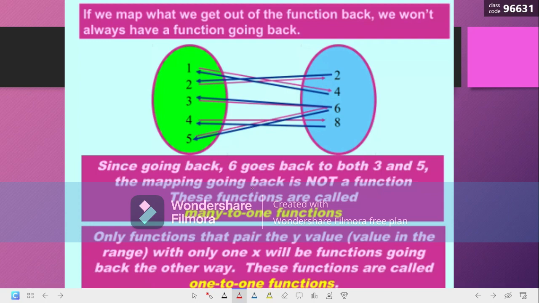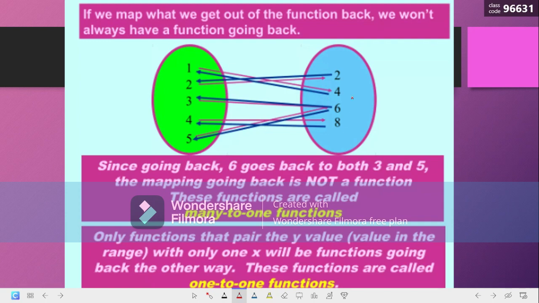The mapping going back is not a function. These functions are called many to one functions. This is originally a function since, based on our observation, none of the values in the domain is repeating. So it is definitely a function.